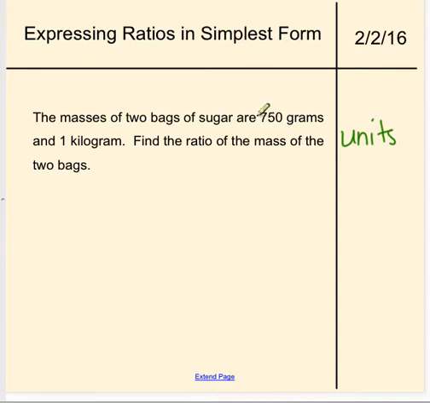So if we look at this problem, for example, we're comparing 750 grams to 1 kilogram. Well, in order to do that, I have to figure out how many grams 1 kilogram is. Unfortunately, because I've had a great science teacher, I know that 1 kilogram is equal to 1,000 grams. So now I can go ahead and compare 750 grams to 1,000 grams, and I can write it as a ratio, 750 to 1,000.